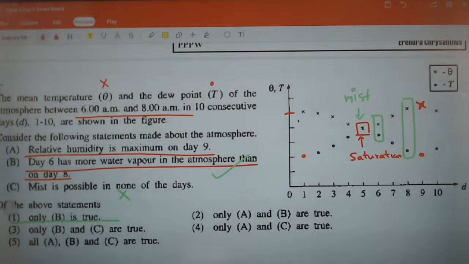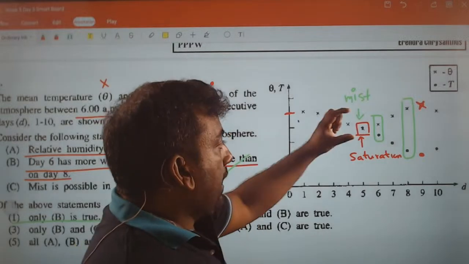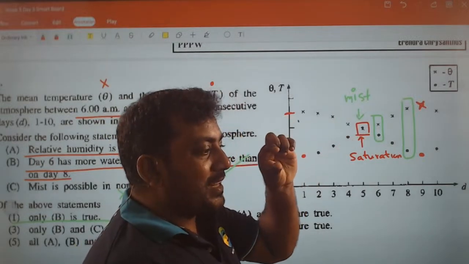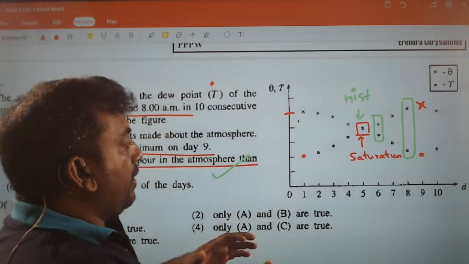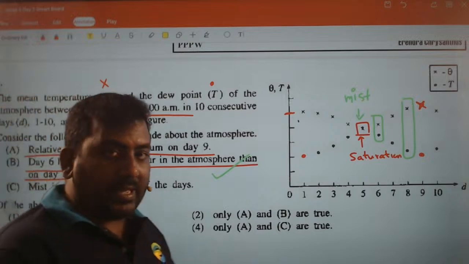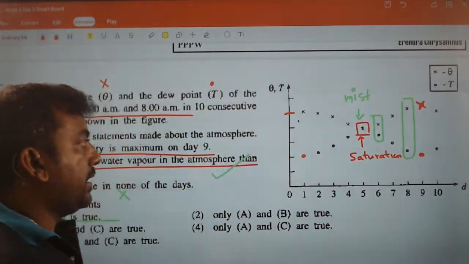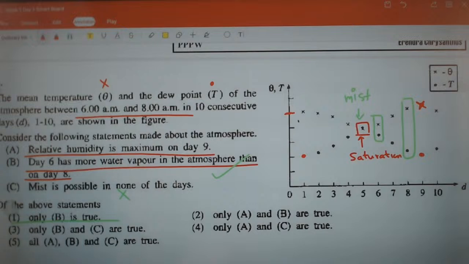The closer the mean temperature reaches the dew point temperature, water vapor in the atmosphere will increase.